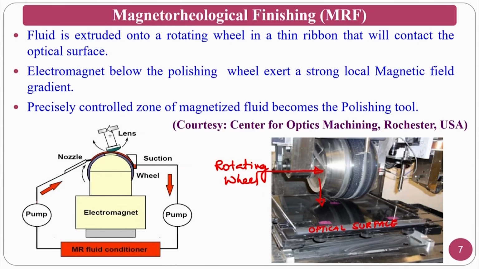Then you pump this to a nozzle and the nozzle will dispense it here. This is how it is dispensing. You can see the same thing here also, how it is dispensing in practice. Once it dispenses, it forms a thin ribbon in the schematic.